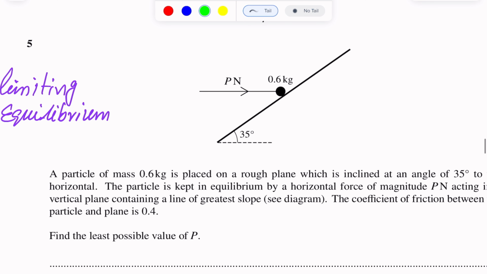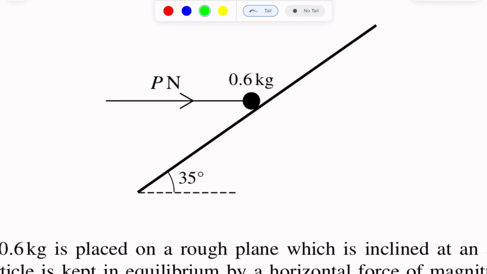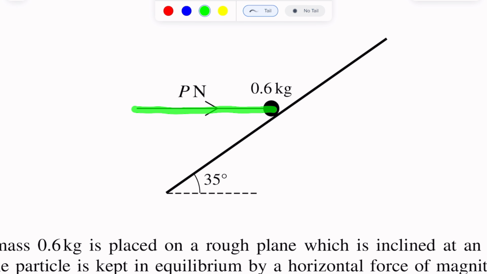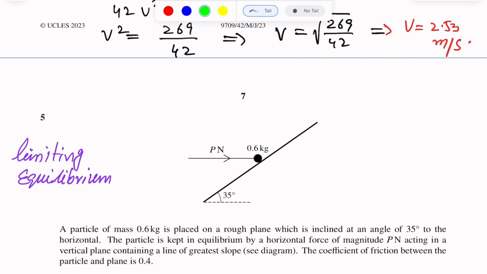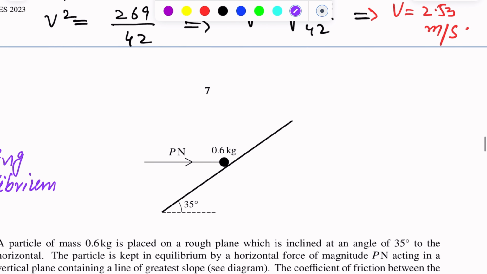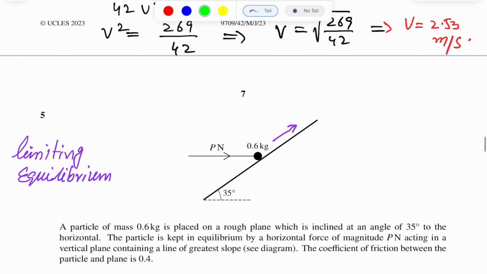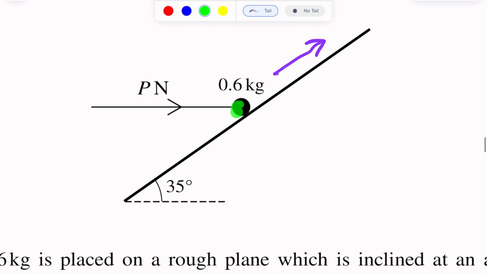If we increase this force P, the tendency to movement of this particle will be upward along the plane. If we decrease this force P Newton, the tendency to movement of this particle will be downward.